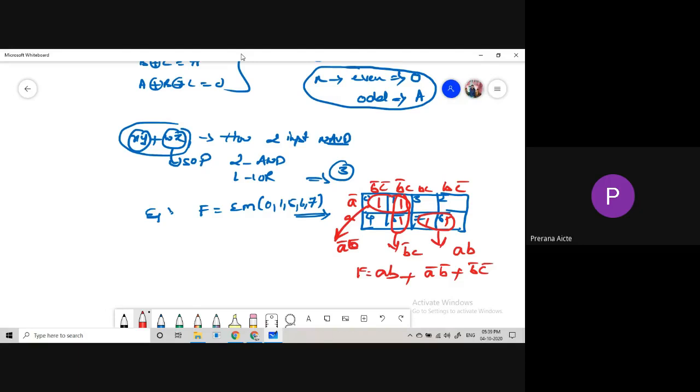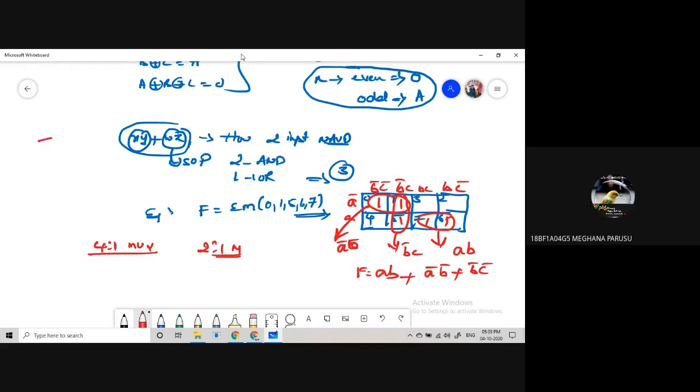Next question, on multiplexers: for construction of a 4:1 multiplexer, how many 2:1 multiplexers are required? 4:1 means 4 inputs and 1 output, right?